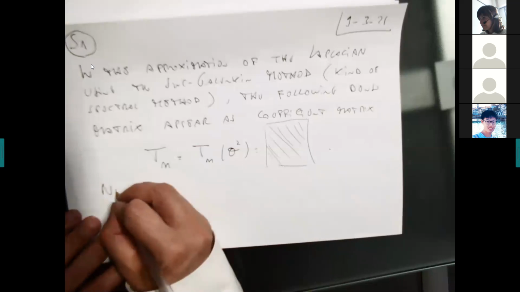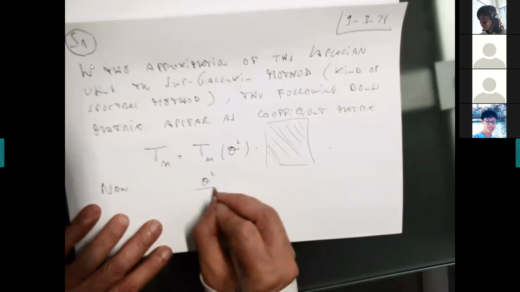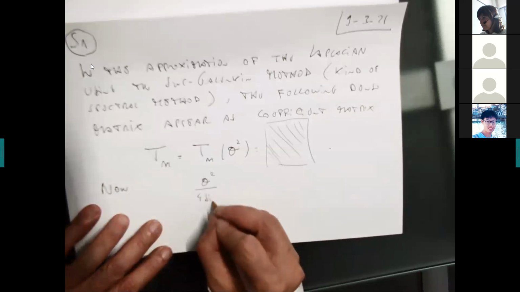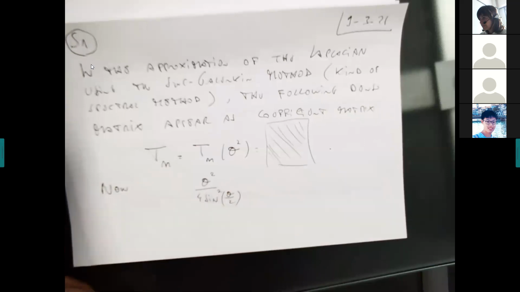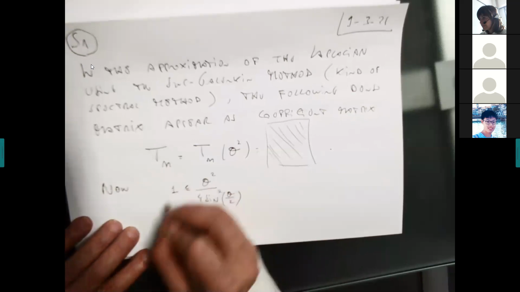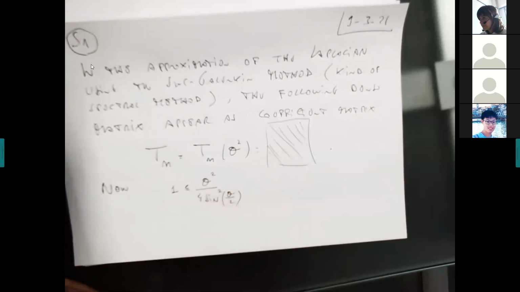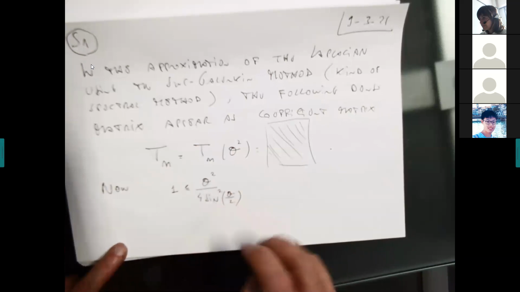Now, theta square divided by 4 sine square of theta over 2, this miracle function, is between 1 and pi square over 4, which one can prove very easily using the relation between theta and sine of theta.